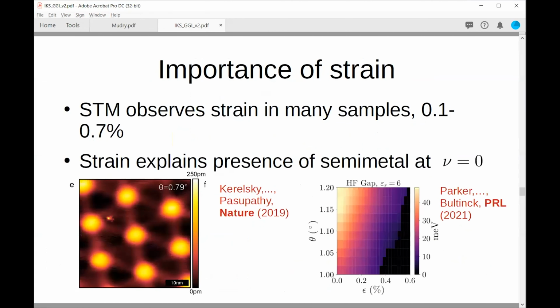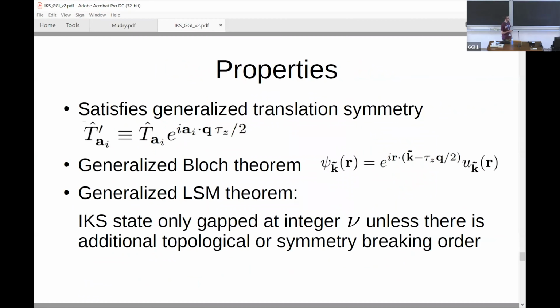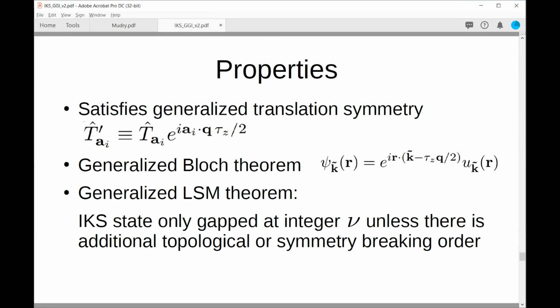Exactly. And then you say that you always have this kind of generalized translational invariance. So even the IKS state has this, even with some impurities or some extra strain? So every time you have this Bloch theorem.